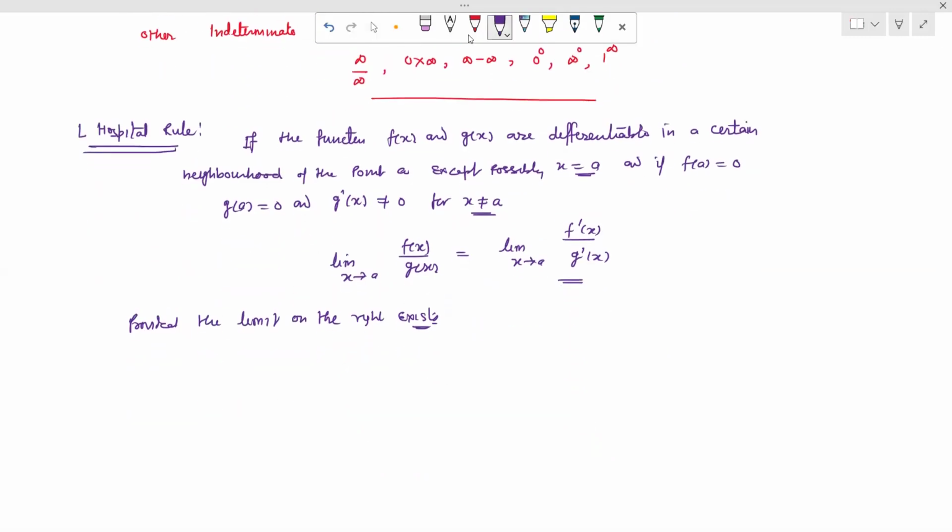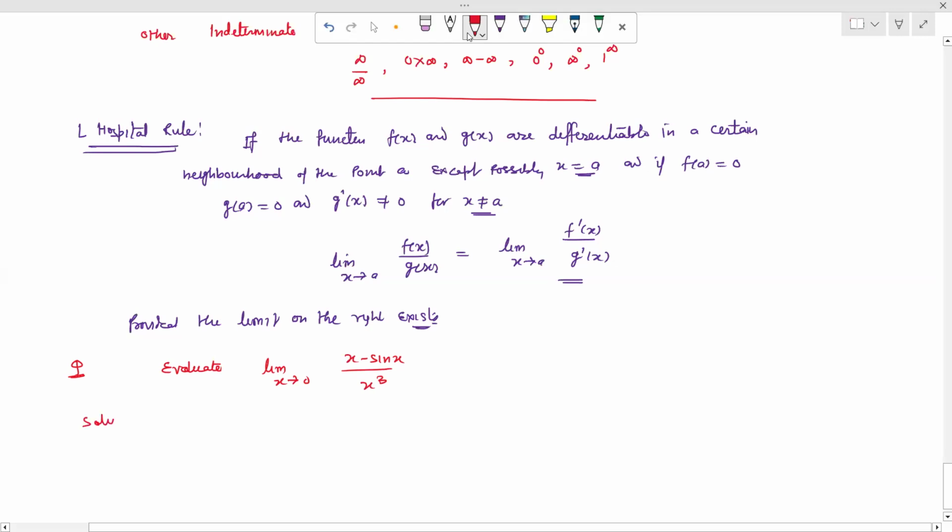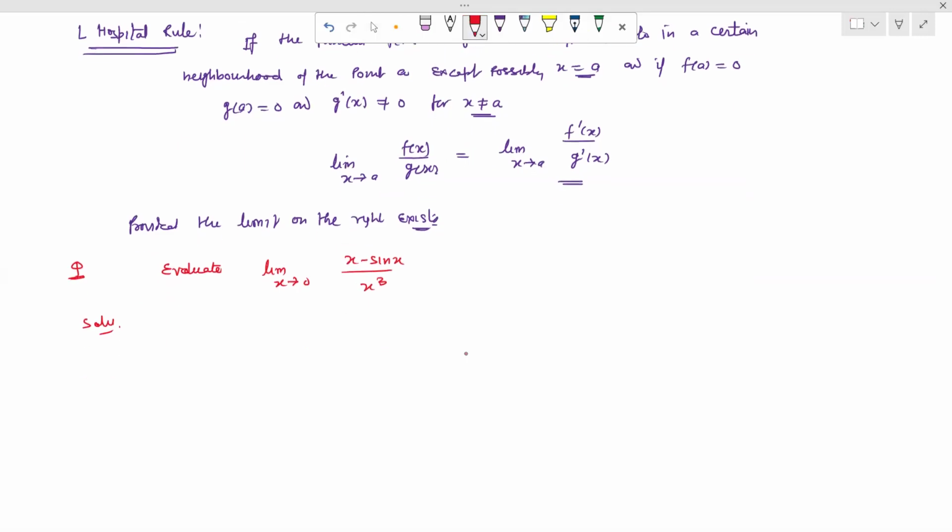So we take one problem based on this. Evaluate the limit x tends to 0, x minus sine x upon x cube. So we do the solution of this.